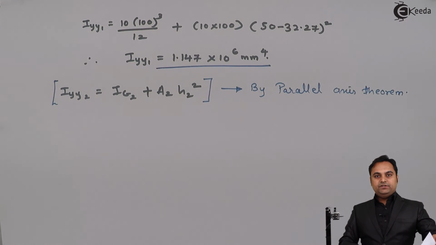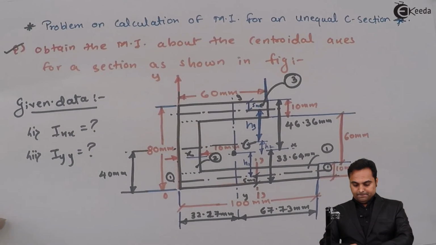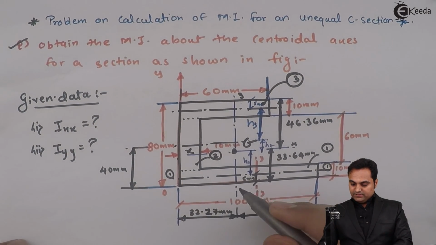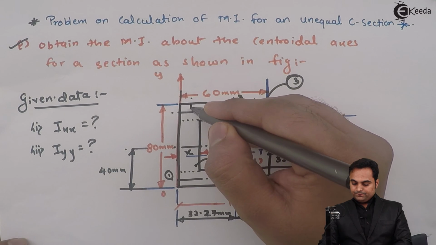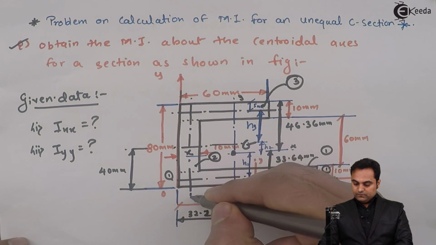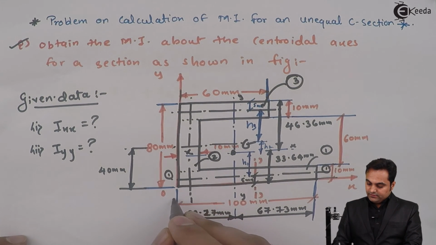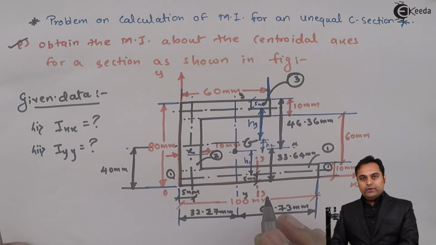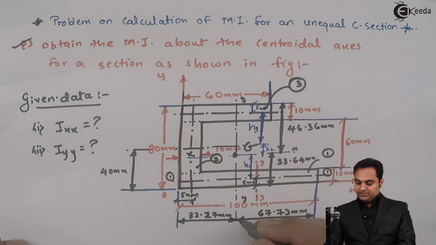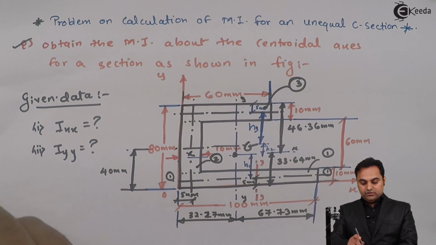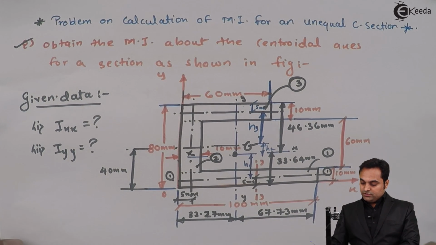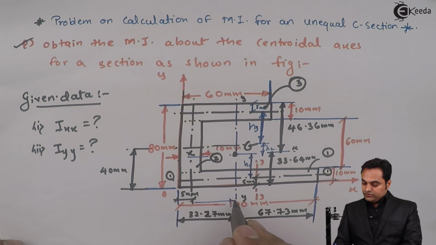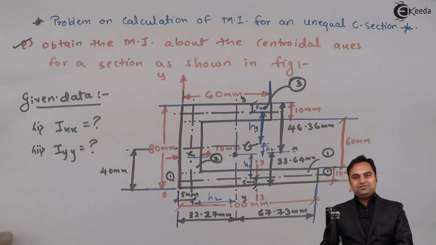As we see in this diagram, the y-axis of second rectangle is located at 5 mm distance, that is half of 10, whereas the y-axis of the complete section is located at 32.27. So there is a difference between the two axes, which would be called H2, and because of that we are using parallel axis theorem.